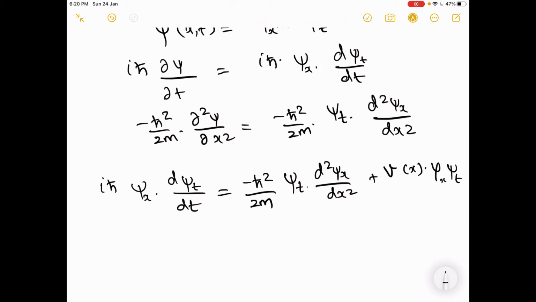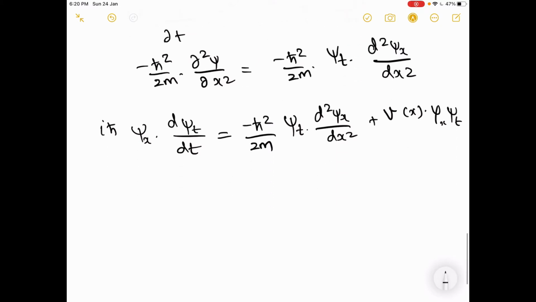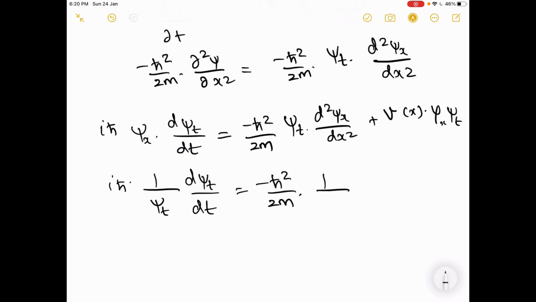Now if I divide throughout by psi x psi t, then I get I h bar 1 by psi t d psi t by dt equals minus h bar square by 2m 1 by psi x d square psi x by dx square plus V of x.